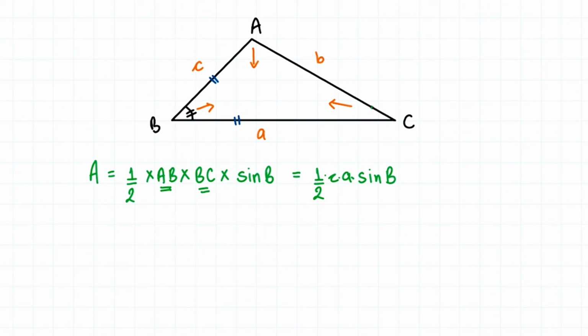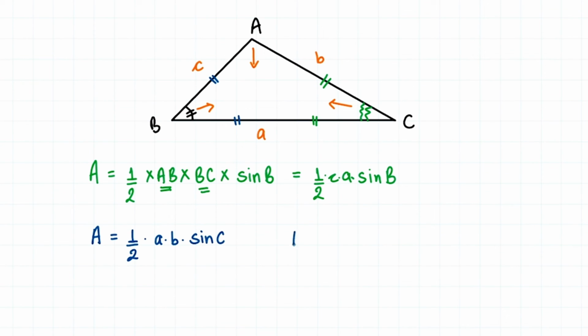It could be this angle C as well, right? The question could give you this angle C and these two sides which make up that angle C. In that case, our formula is going to be 1 by 2 times a times b times sine of C, okay?